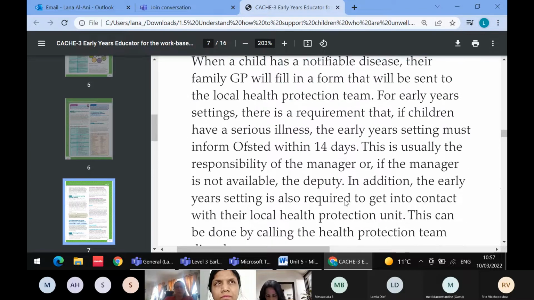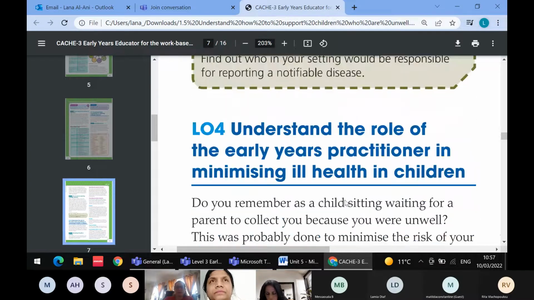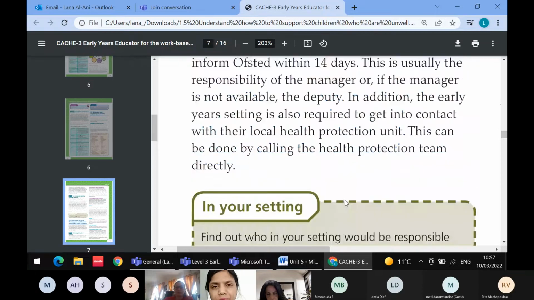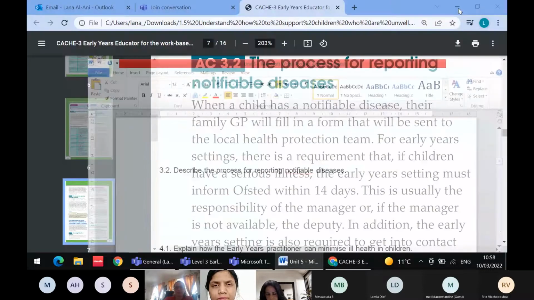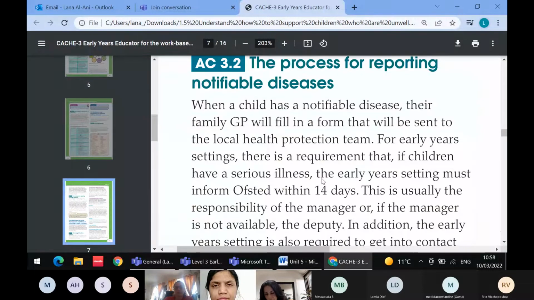Is this understood? So when you answer this question where it says describe the process for reporting notifiable diseases, you say when the child is ill with a notifiable disease, the family will take him to the GP, so the GP will fill a form and send it to the local authority protection team.